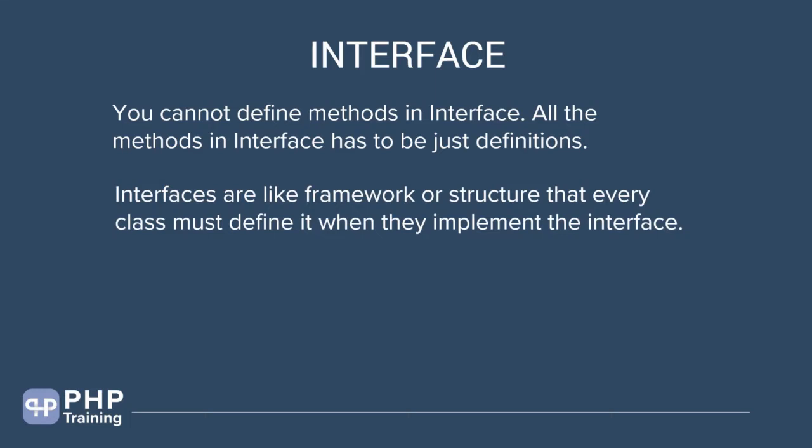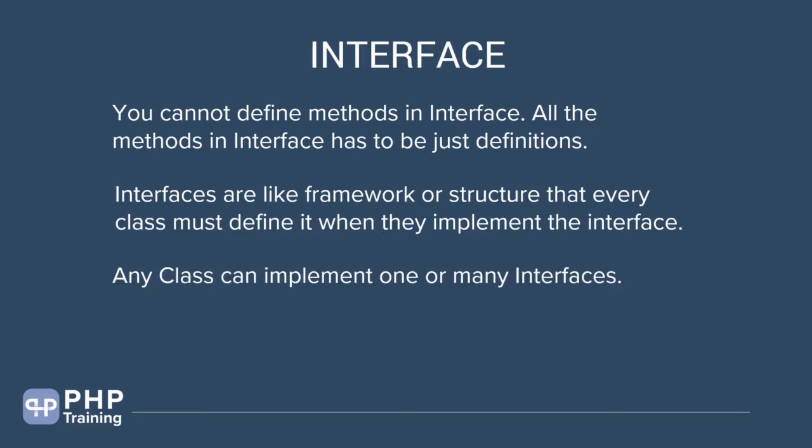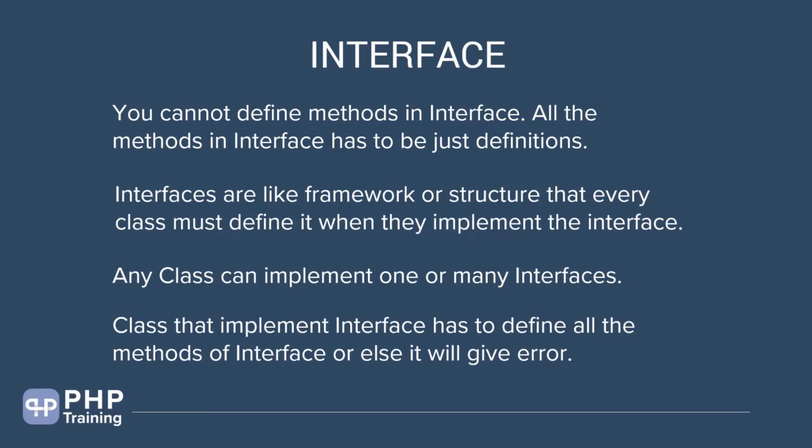That's how an interface and a class work. Any class can implement one or many interfaces. We had a limitation in inheritance wherein you can only extend one class. You don't have such a limitation for interfaces.